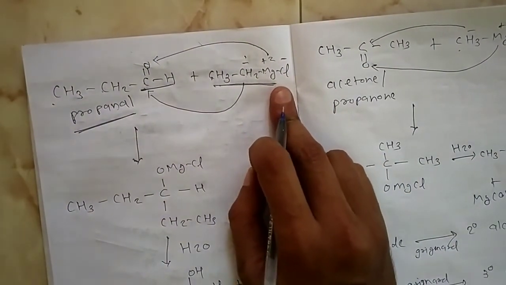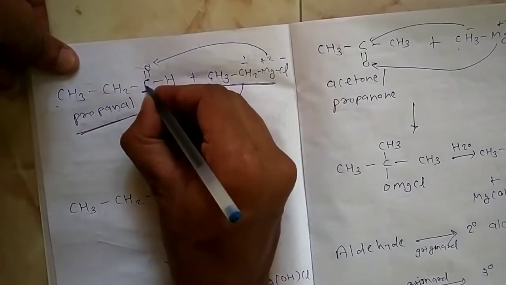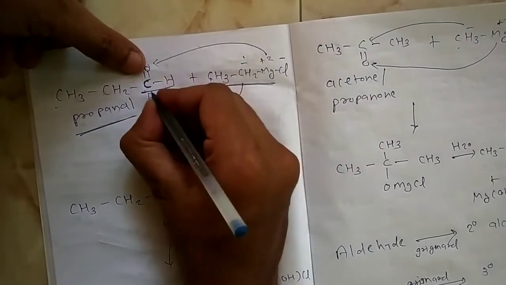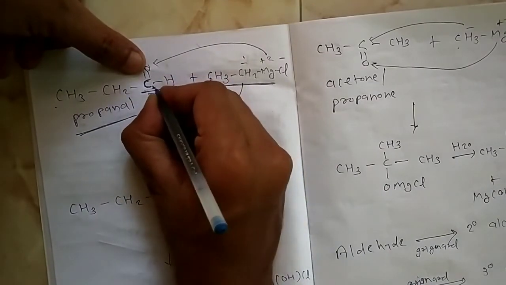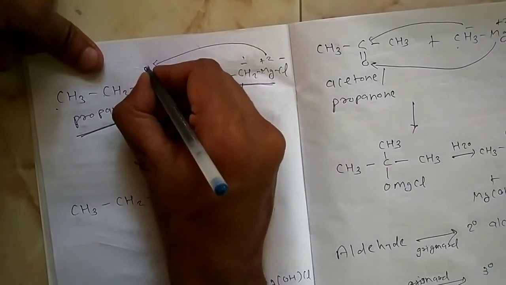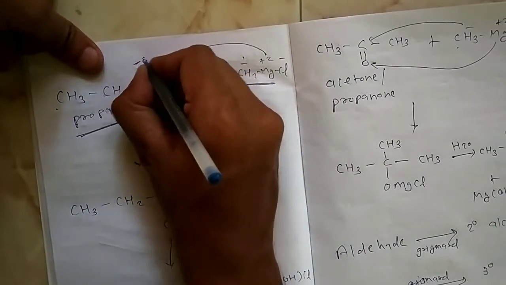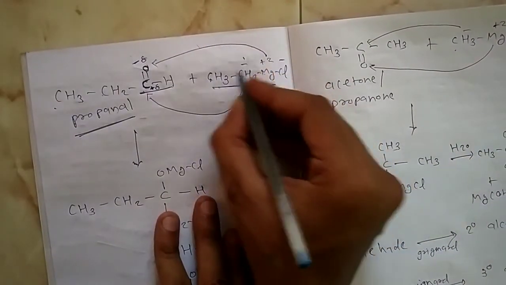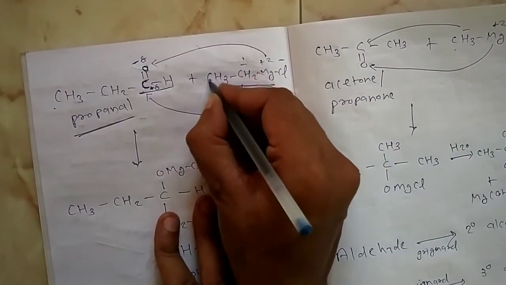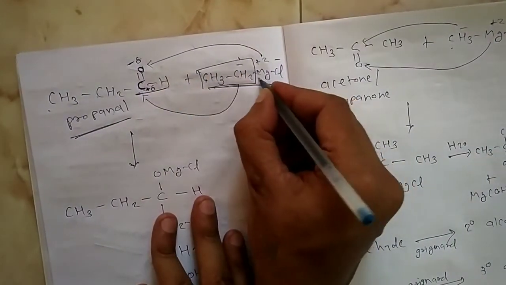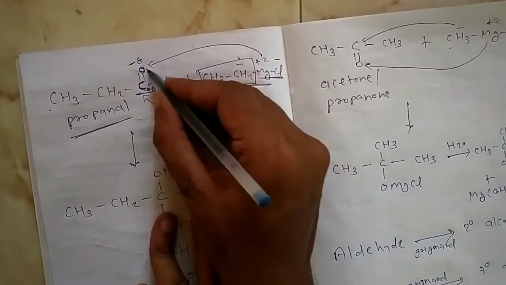Now what will happen? This carbonyl carbon has partially positive charge, and this oxygen has partially negative charge. Same reaction again: the negative part will attack the carbon and the positive part will attack the oxygen.